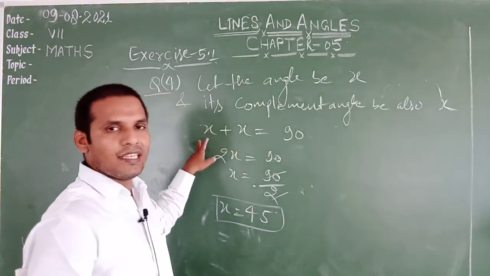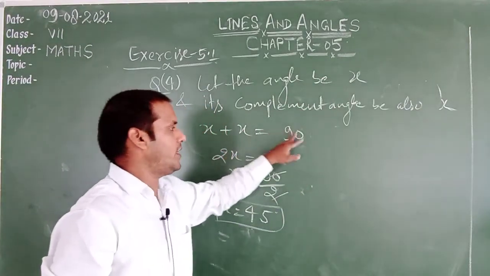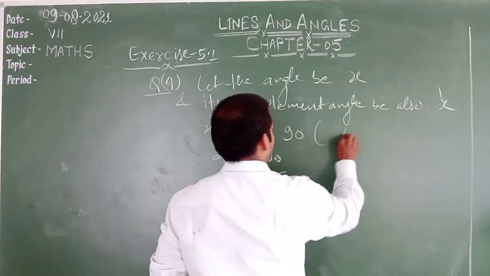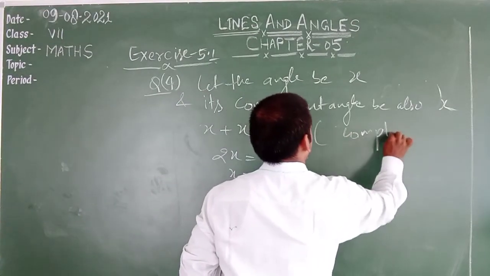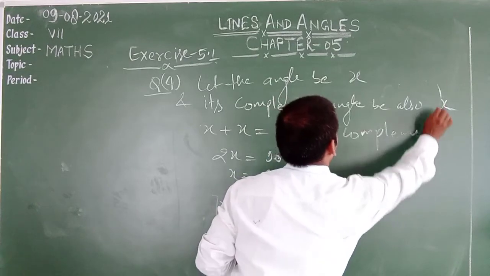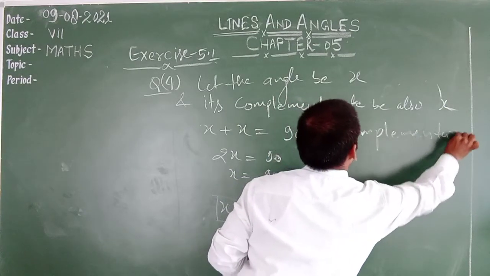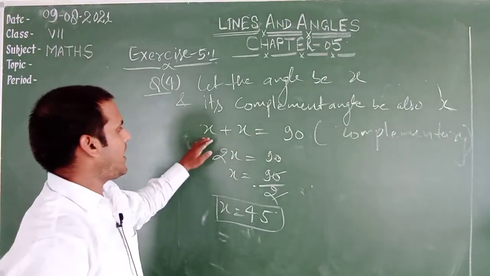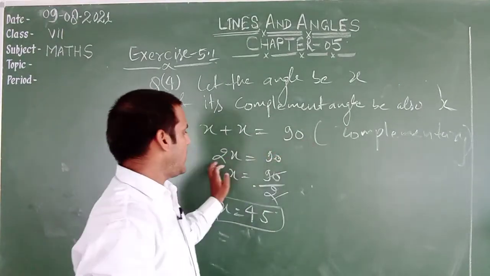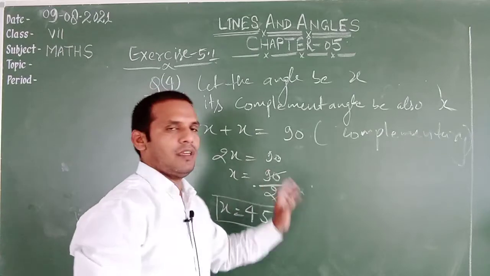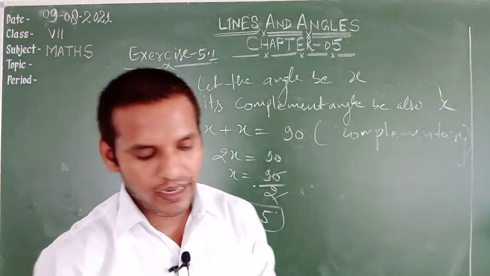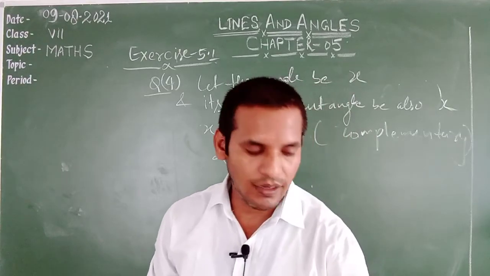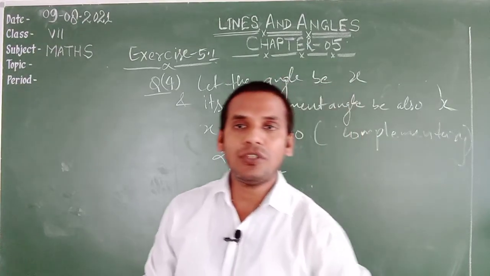Then the sum x plus x is equal to 180 for supplementary angles. So 2x is equal to 180, and when we divide, x is 90 degrees. It means 90 is the angle which is the supplement of itself. Okay, the remaining questions you will try.